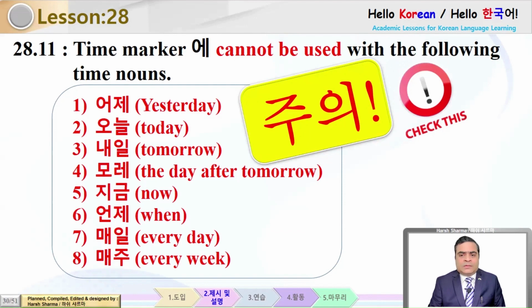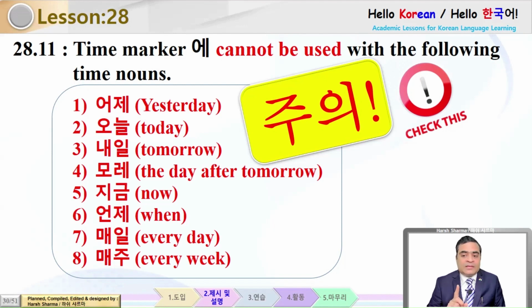Please be careful when we are talking about the time nouns in Korean, 여러분. This A time marker cannot be used with the following words. See number 1 to number 8. Number 1 is eoje, number 2 oneul, number 3 naeil, number 4 more, number 5 jigeum, number 6 eonje, number 7 maeil, number 8 maeju.